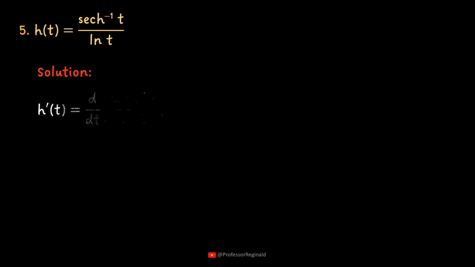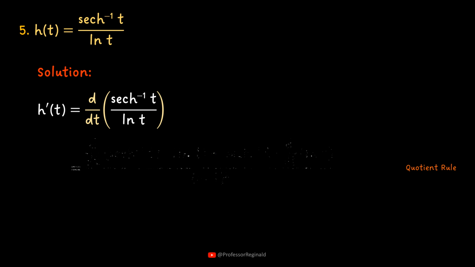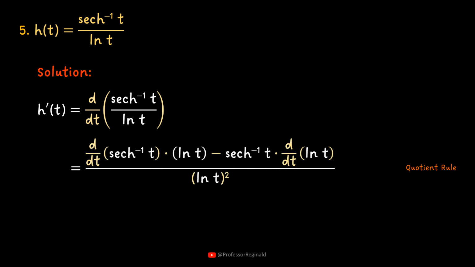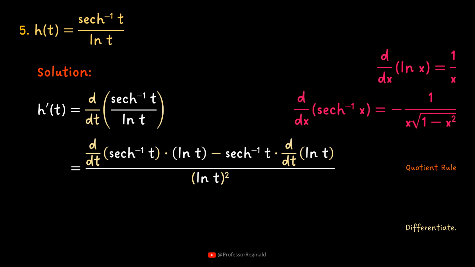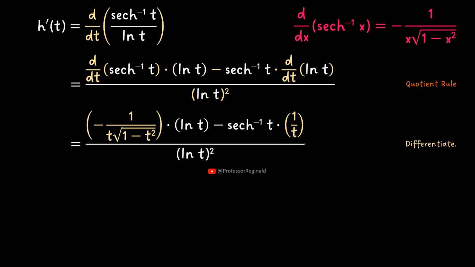Number 5. H of t equals the inverse hyperbolic secant of t all over the natural logarithm of t. Solution. H prime of t equals the derivative of h with respect to t. Apply the quotient rule. Then differentiate using a logarithmic function and an inverse hyperbolic function rule. Next, simplify the derivative.